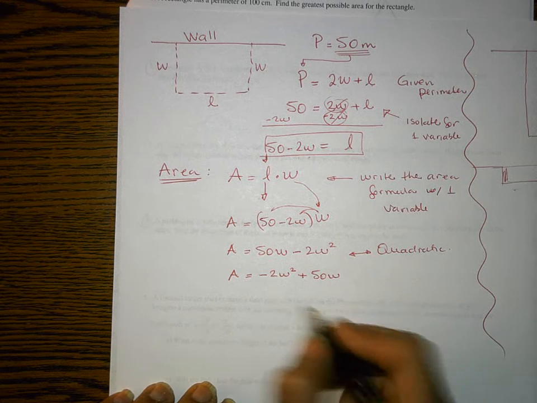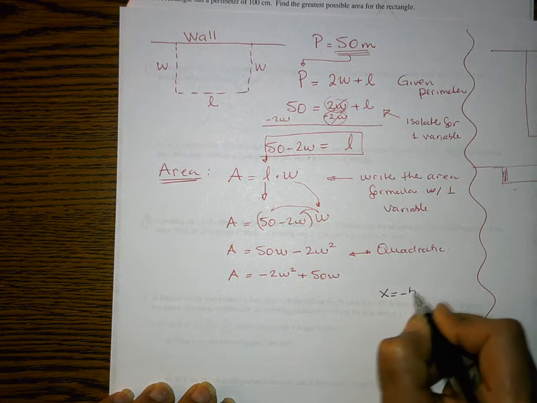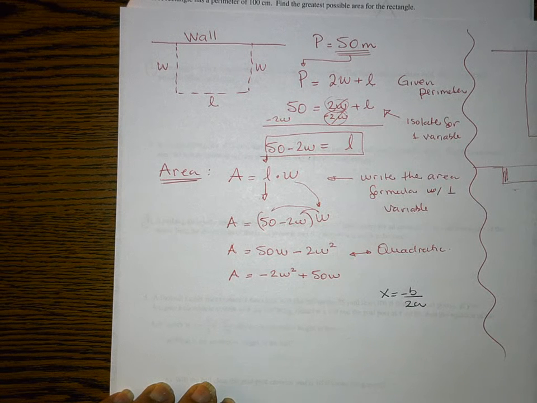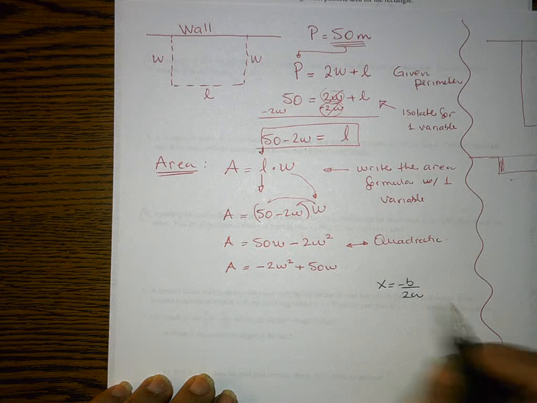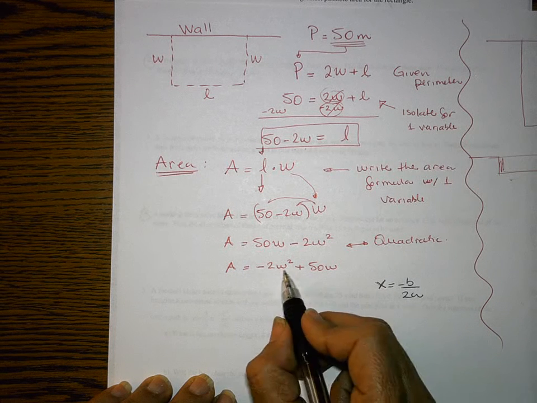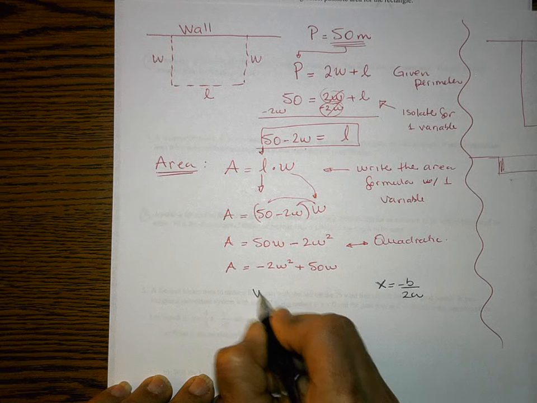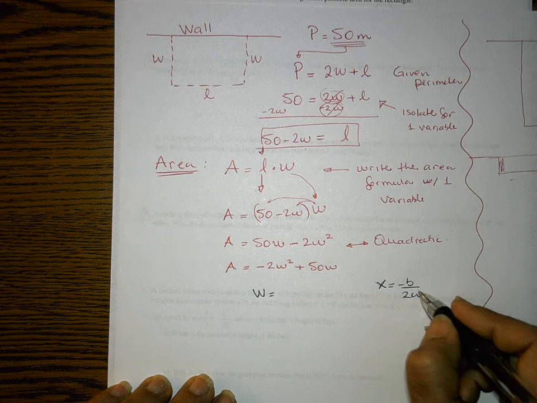So I need to use this little formula: x equals negative b over 2a. As long as I know what a and b are, I can use this. I don't have x; the squared variable here is W. So I'm going to use W instead of x because I want to find the maximum width. This is for the maximum of my parabola.